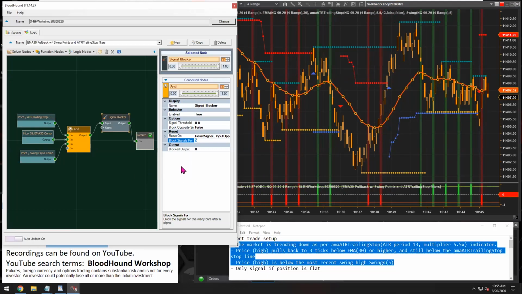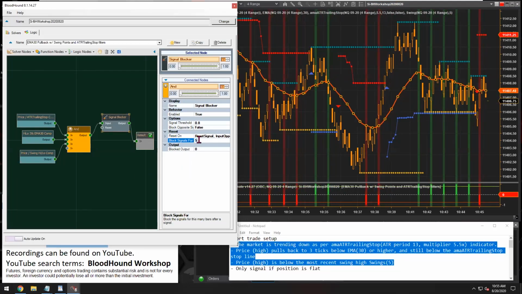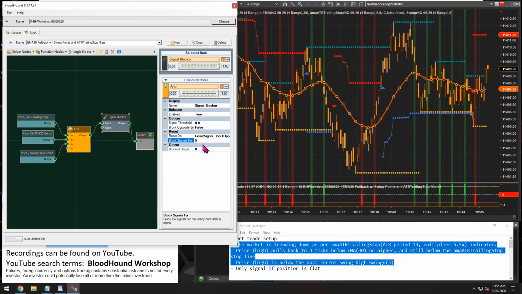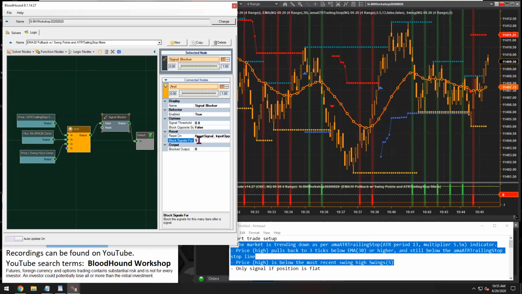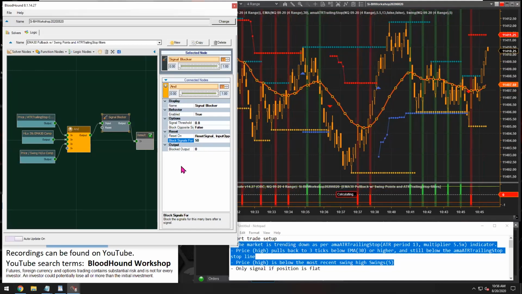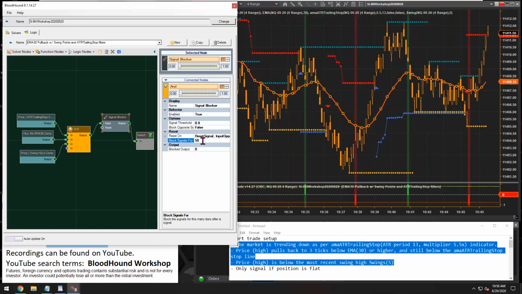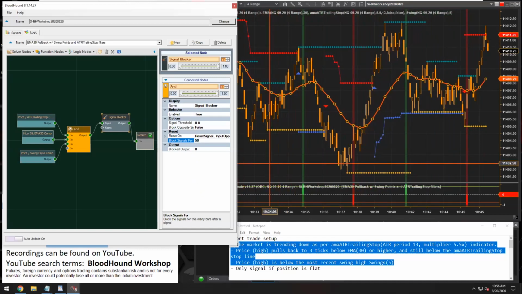And the first thing we need to do is figure out how many bars we need to block the signal for. My guess is probably 50 bars. Looks like it's going to be enough. All right, there we go, like so.